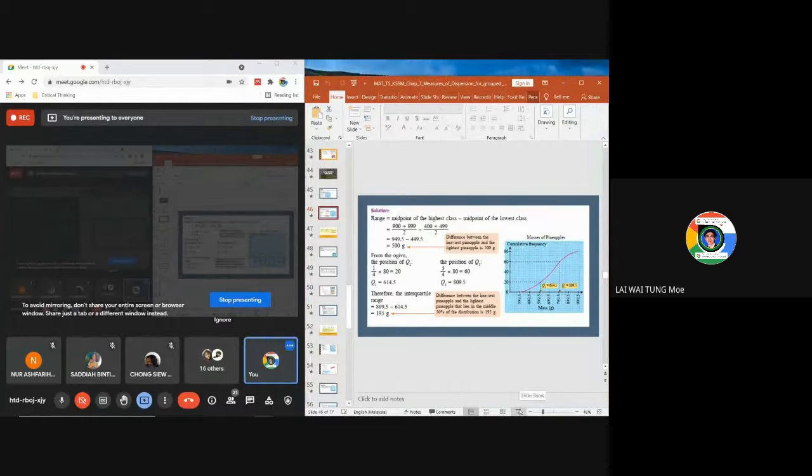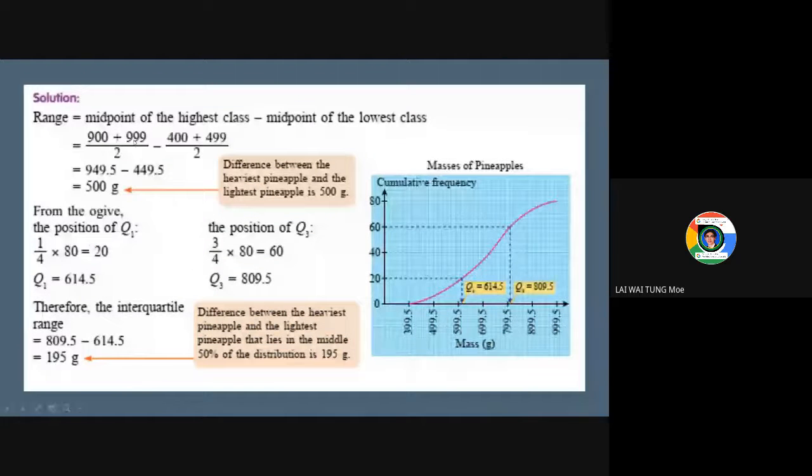So, any question about the range and the interquartile range so far? Okay, for those who just came in, we just started how to find the range and interquartile range. For the interquartile range, it is the third quartile minus the first quartile.